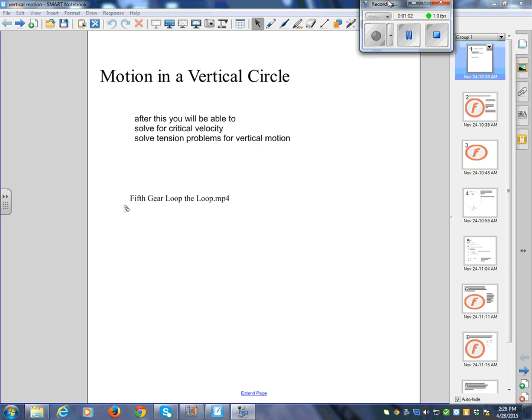We're going to be looking at motion like this. Now, the U in UCM refers to what? Uniform. Is the motion uniform when it's vertical like this? No, it's not. Correct. Because if I slow it down, there's some point where it actually stops being circular motion.